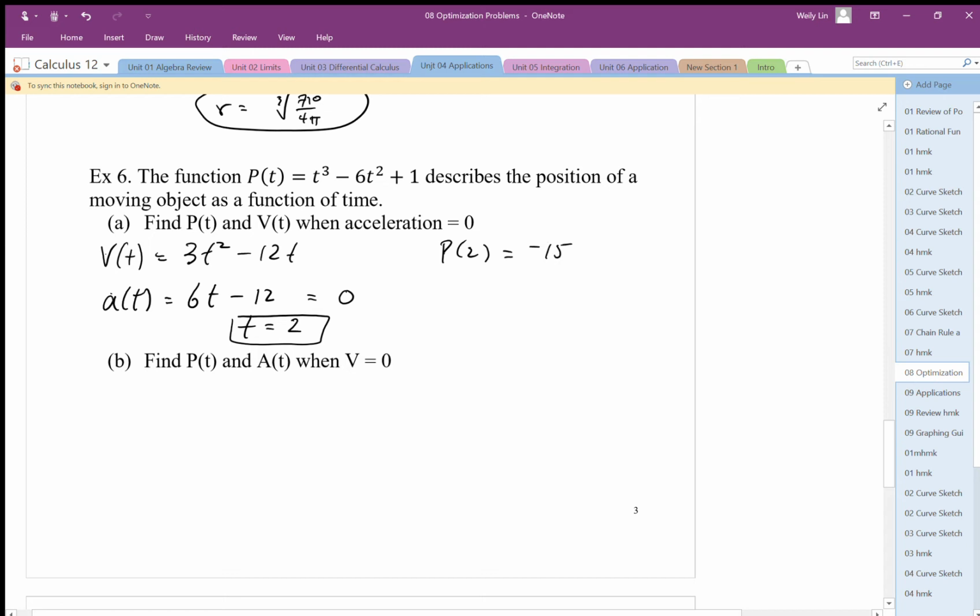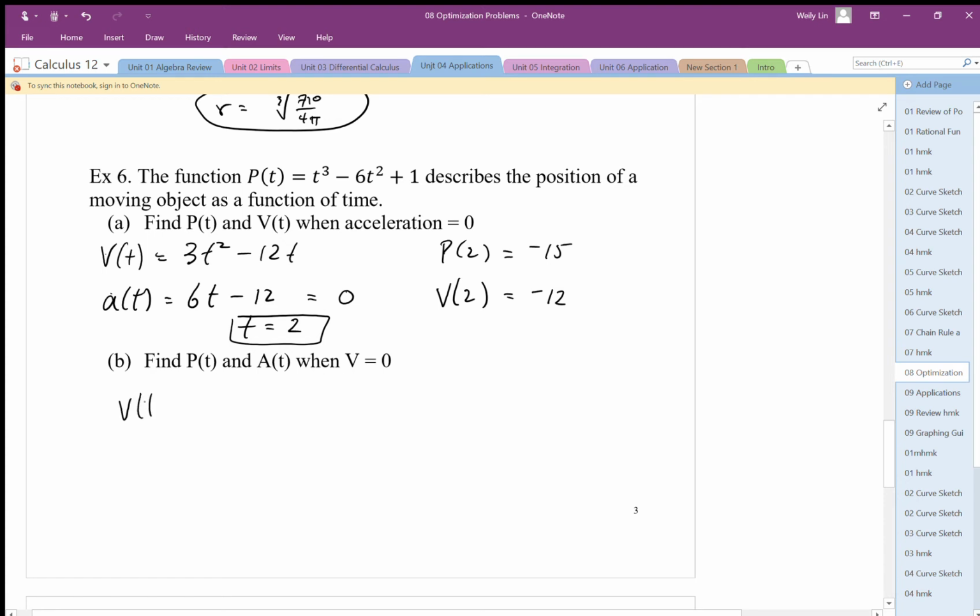So that's my position. The velocity at that point, I plug it into my velocity equation, I get 12 minus 24, which is negative 12, maybe meters per second, depending on what the units are. Same problem, but now I'm going to solve when v is 0.